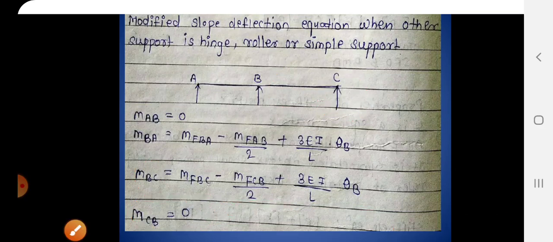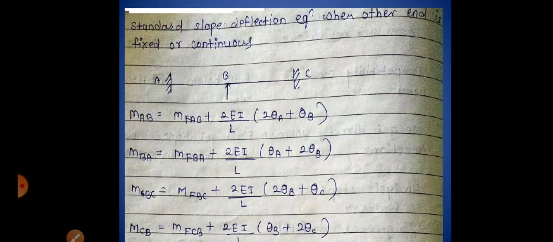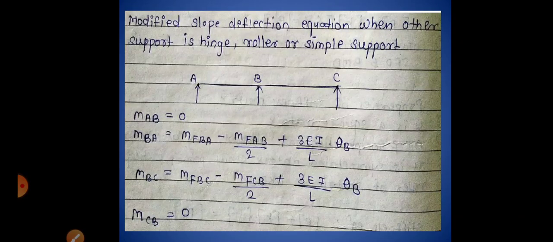So these are the modified slope deflection equations, and you can always find the final moments using these two standard sets of slope deflection equations depending on the support condition. Okay, thank you.